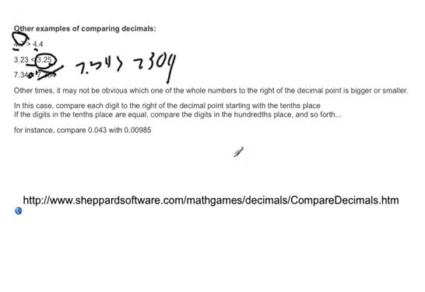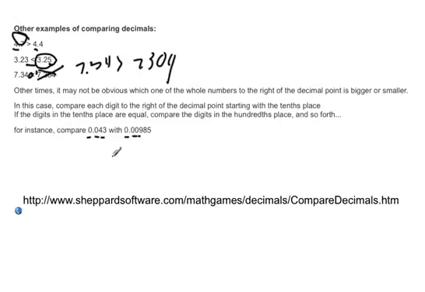I hope so. Other times it might not be so obvious which ones to the right of the decimal are bigger. In this case, compare each digit and you'll go from there, comparing as you go each direction to the right. 0, 0, 0, 0, 4, 0.